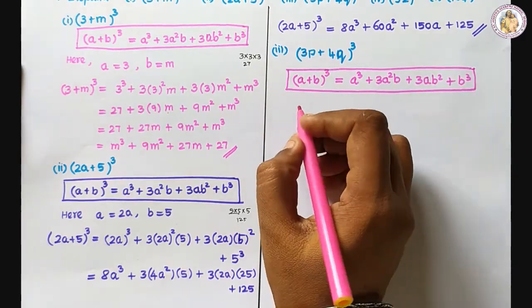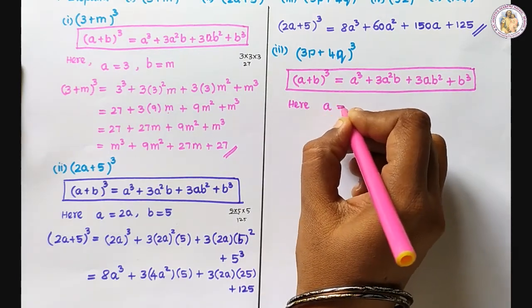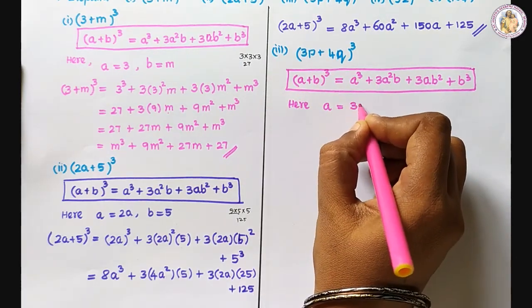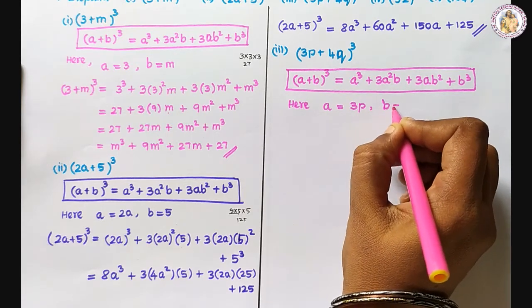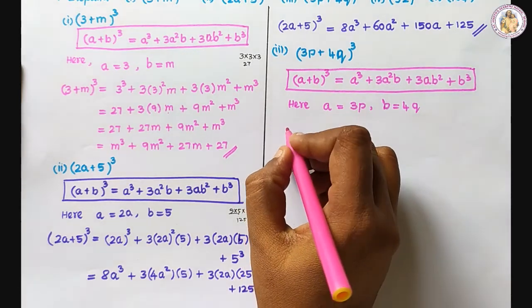What's the value of a? Here a equal to 3p and b equal to 4q. Expand.